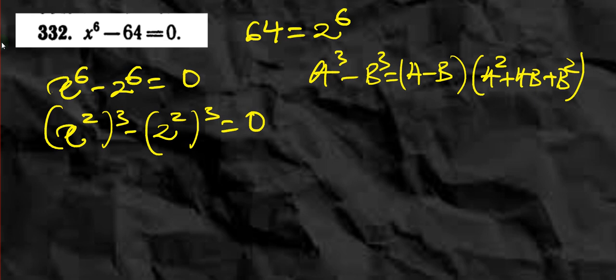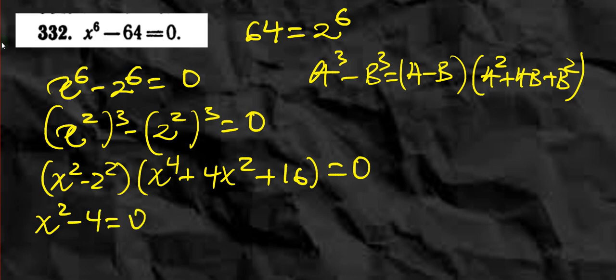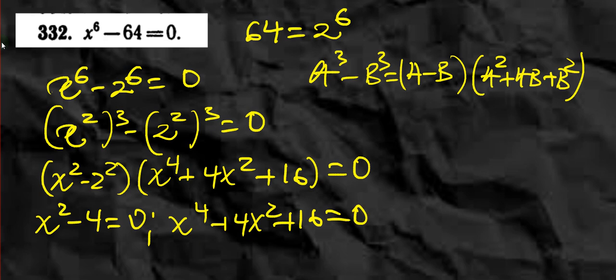So now we're gonna have x squared minus 2 squared, which multiplies x to the 4 plus 4x squared plus 16, and then this is 0. Cool. So we have x squared minus 4 equals 0, and x to the power of 4 plus 4x squared plus 16 equals 0.